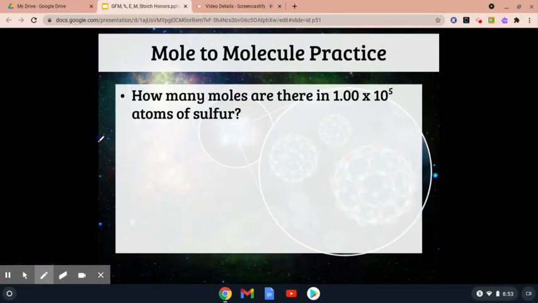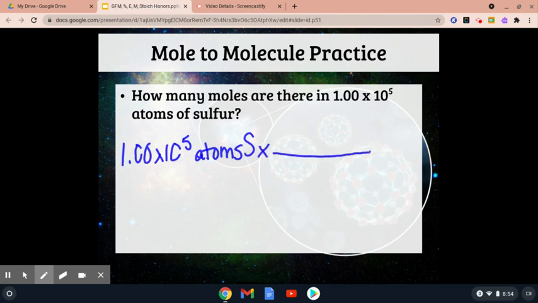Okay, so this question says, how many moles are there in 1.00 times 10 to the 5th atoms of sulfur? So you write down what's given. Three magic lines. You want to get rid of atoms of sulfur.